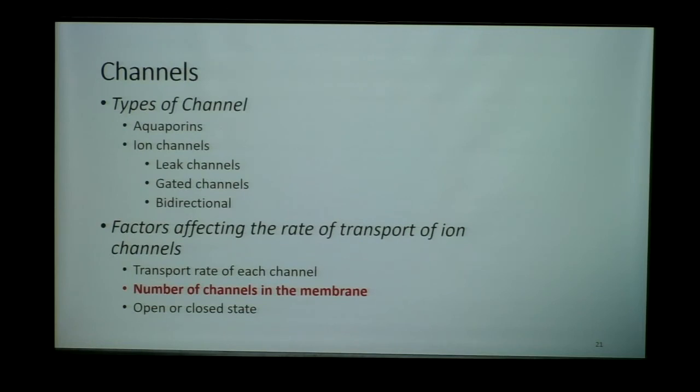You're going to downregulate the number of aquaporins, and that's going to decrease the amount of water that's reabsorbed in your kidneys. And so we can change the number of channels that are in the membrane itself. And then the open or closed state of the channel can dictate the rate of movement as well, whether that channel is in an open state or a closed configuration.